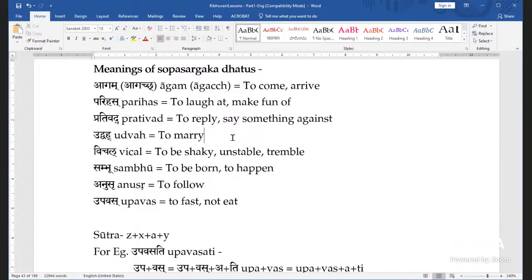I have one question regarding this agam. In some words, the short a in a prefix means the opposite, but in this particular case, we have this long a, which adds a slightly different meaning. So is it the only occurrence, or is it not a frequent prefix in Sanskrit?